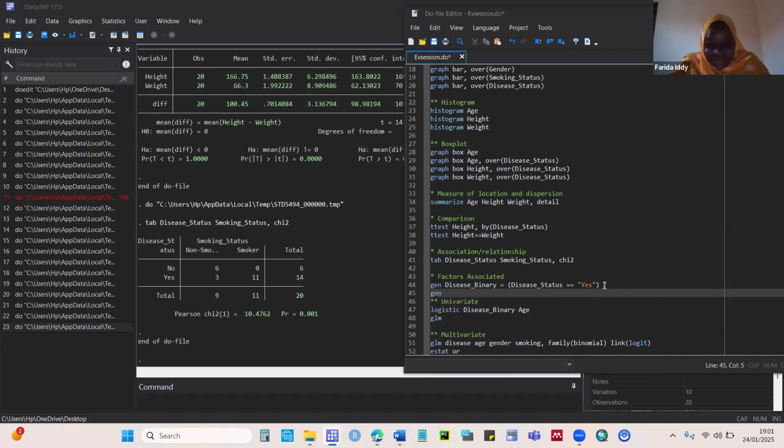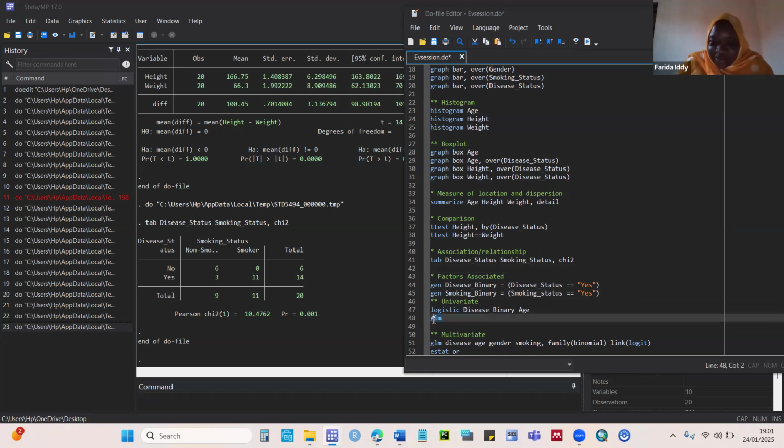So this command is for a variable which is binary. So you just need to specify here, so here it will be smoking status. The word that you put here in quotes is the one that will be labeled as 1.